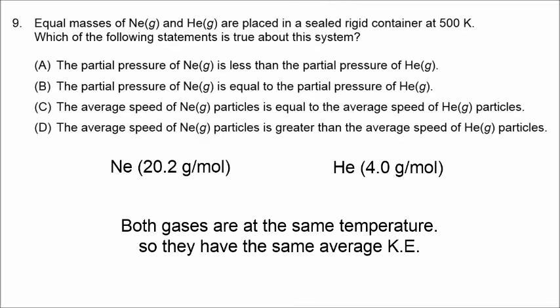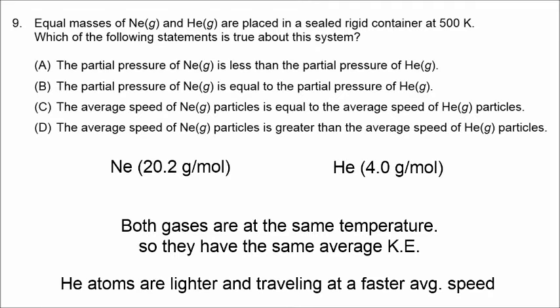These two gases are both at the same temperature, so they have the same average kinetic energy, but the lighter gas, helium, is traveling at a faster average speed. So therefore, since helium is faster than neon, the correct answer cannot be C or D.